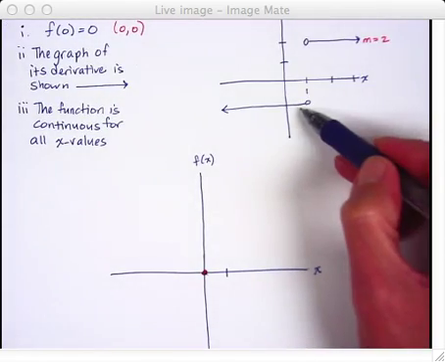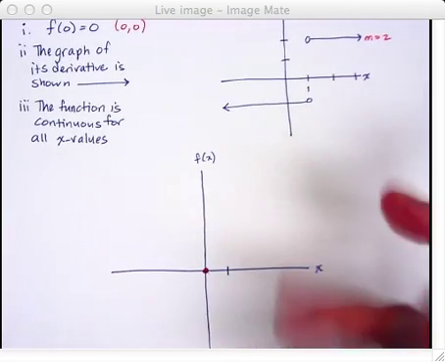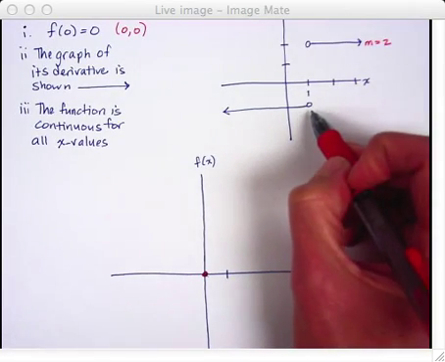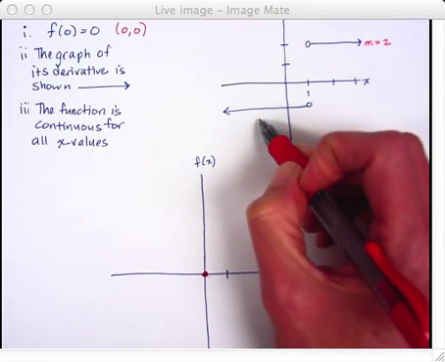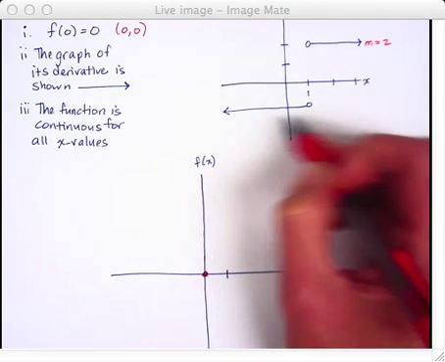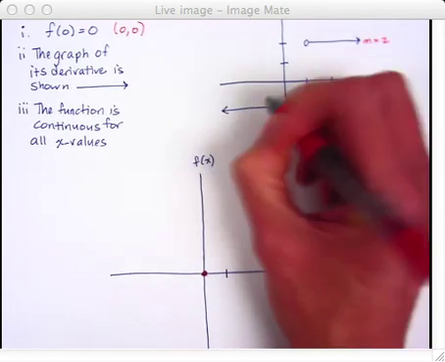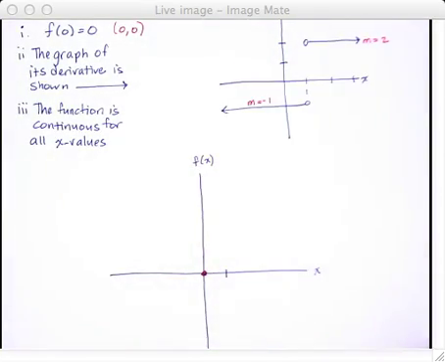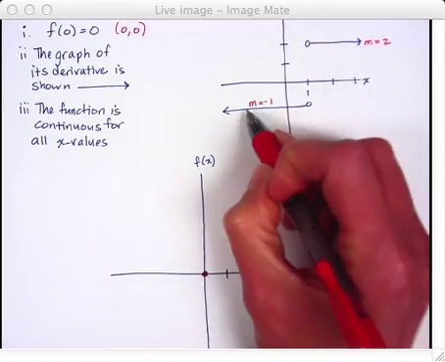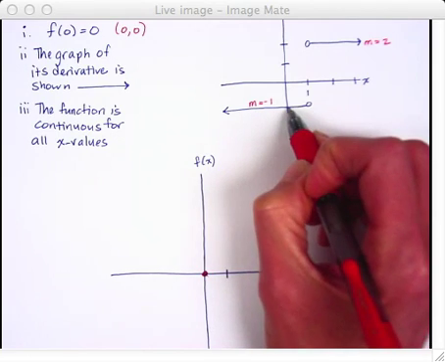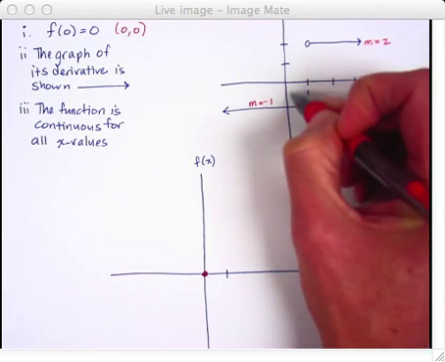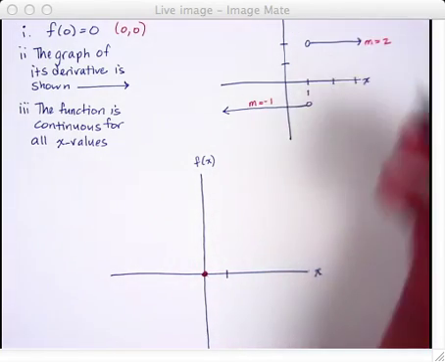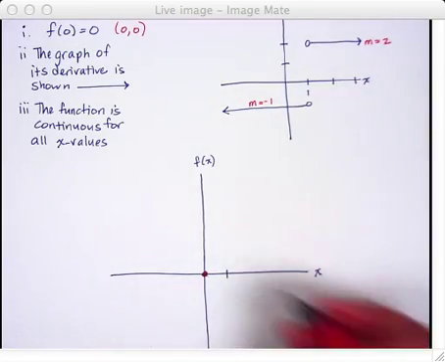So down here, this bottom piece of the derivative is telling me that for values of x less than 1, all of the slopes of the tangent lines are m equal to -1. Now notice this derivative function goes through where x equals 0. So this means at x equals 0, the slope of the line is -1.